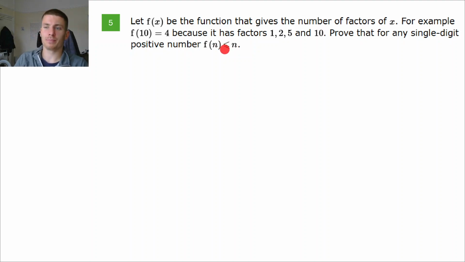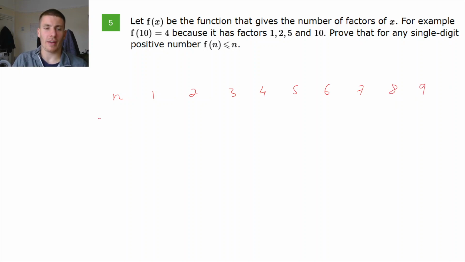So it's just saying, basically go through all of your single digit integers, so 1, 2, 3, 4, 5, 6, 7, 8, and 9, and prove that the number of factors is either the same as the number or less than that number. So let's consider our single digit numbers and make a bit of a table here, going up from n equals 1, 2, 3, 4, 5, 6, 7, 8, and 9.